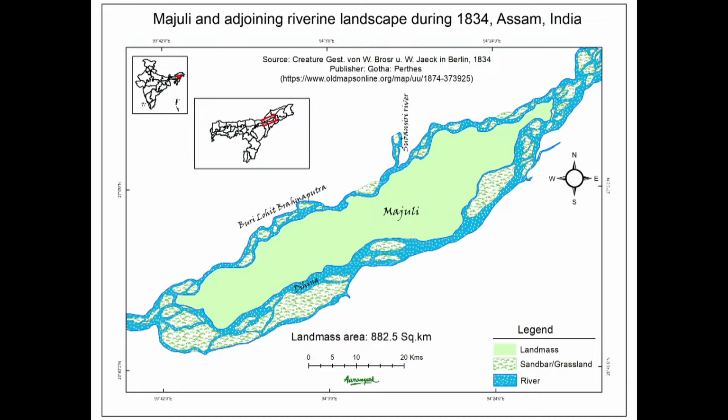So Majuli and the adjoining river landscape during 1934. This source is there. So based on this map source, we have tried to reconstruct till now what was the land mass and what is the present land mass area.